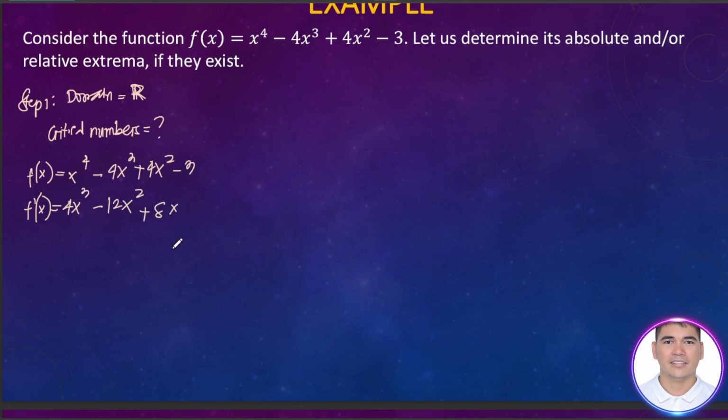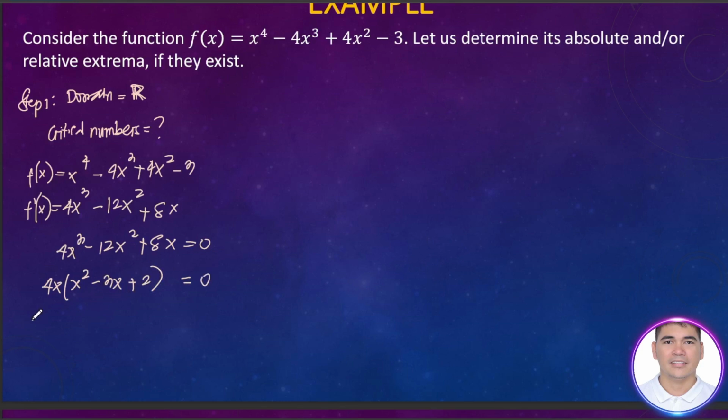And then, we factor, equating to 0 to get the critical numbers. We have the common factor, which is 4x. So, x squared minus 3x plus 2 equals 0.